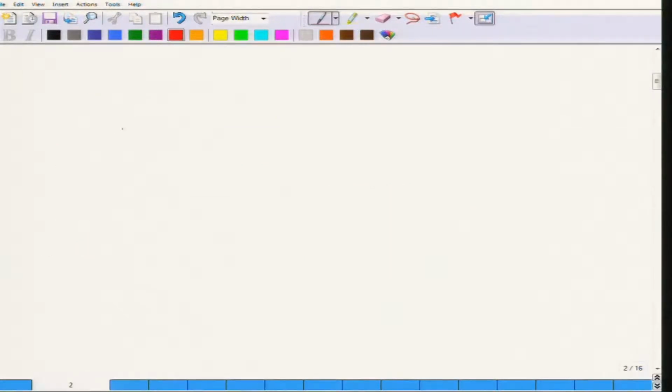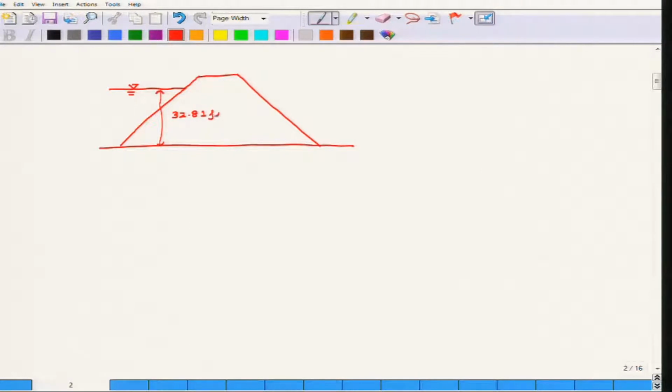So now our dam upstream level is known to us, as well as you know from where basically the parabola is going to start. So this distance is known to us. This distance is given as 9.84 feet. So this is the starting point of our parabola. So this is where the parabola will start.